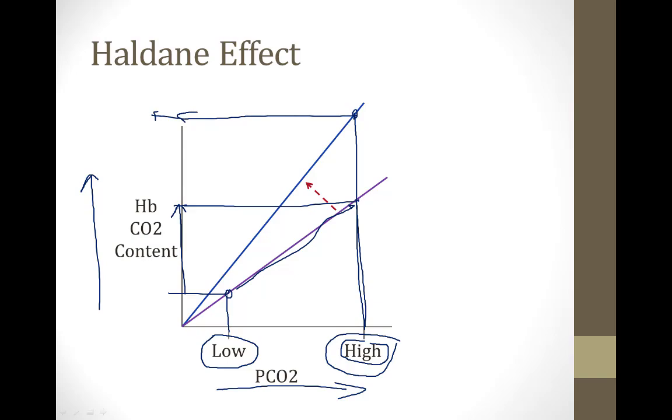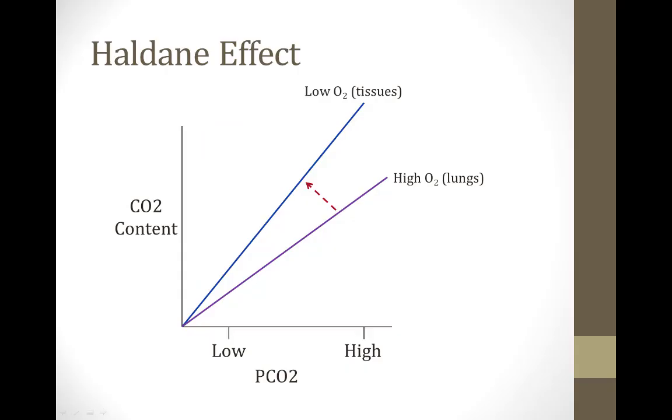The result is that we are able to bind much more carbon dioxide to hemoglobin in a low oxygen environment like the tissues, and this is because of the Haldane effect. And the reverse is also true. When you go to the lungs, you are able to offload much more CO2 because the curve shifts from the blue back to the purple.